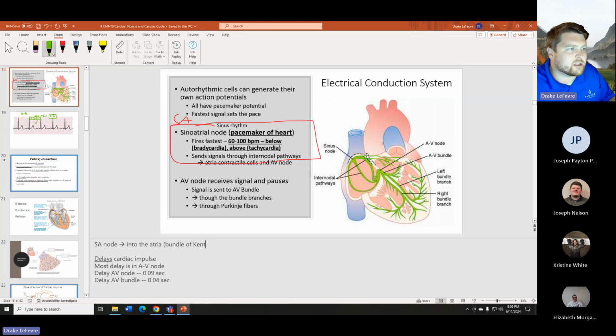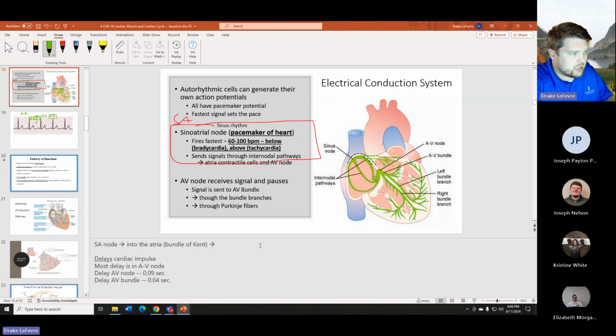They call it bundle of Kent. Yeah. There's a bundle that goes off into the left atria called the bundle of Kent. It wasn't tested on last trimester from what I heard. But if he does decide to throw it in there, just so you guys have it.